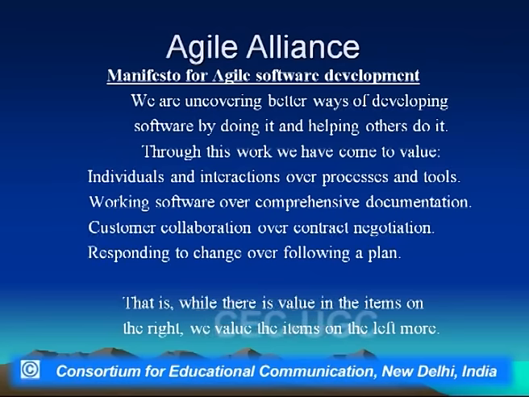Individuals and interaction over process and tools. In the conventional process model, we heavily rely on process and tools, and we ignore the individuals and the interaction. In any conventional process model, we first create the process, then we procure the tools before the start of software creation.